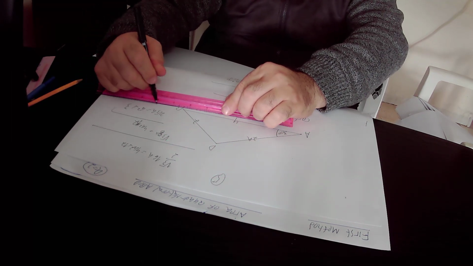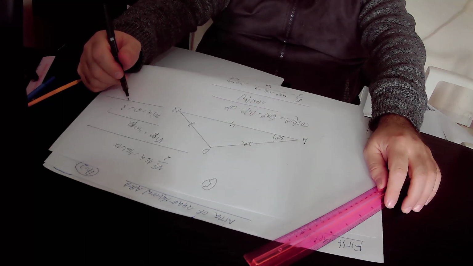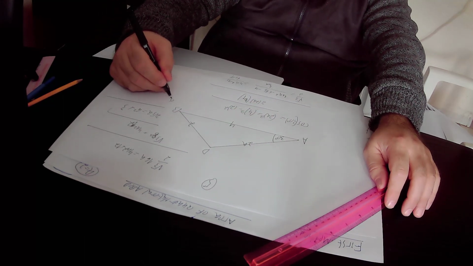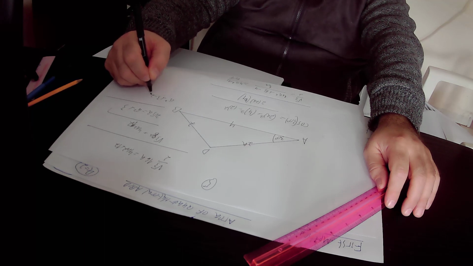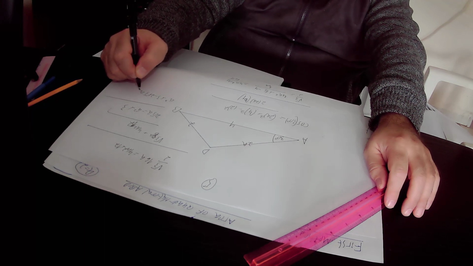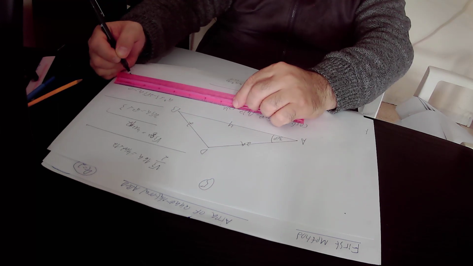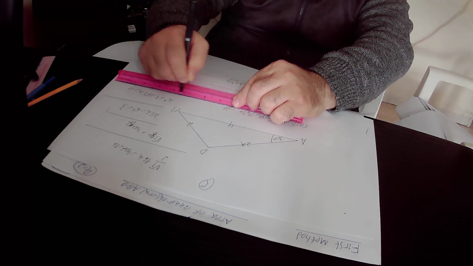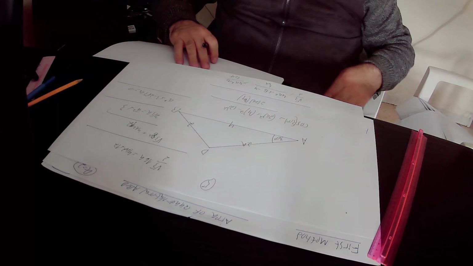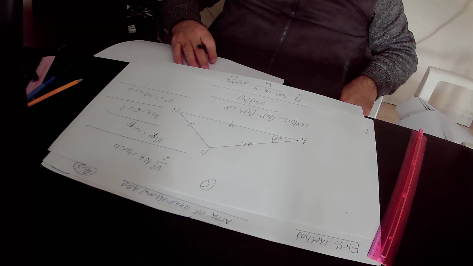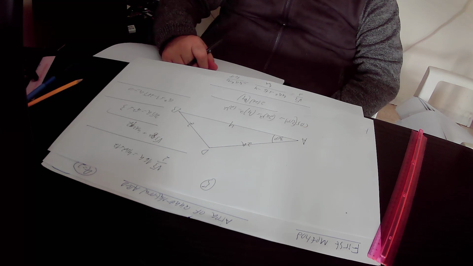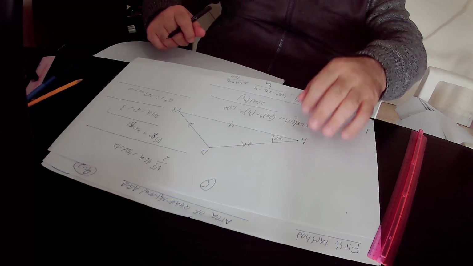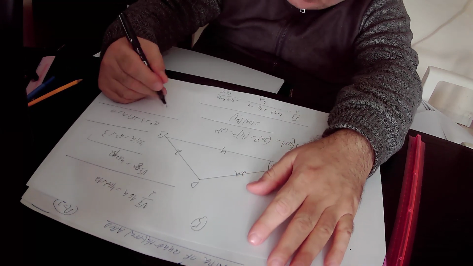Here we subtract 2 times square root of 3a from this equation, and we will get that a squared plus 3 minus 2 times square root of 3 times a equals 0.